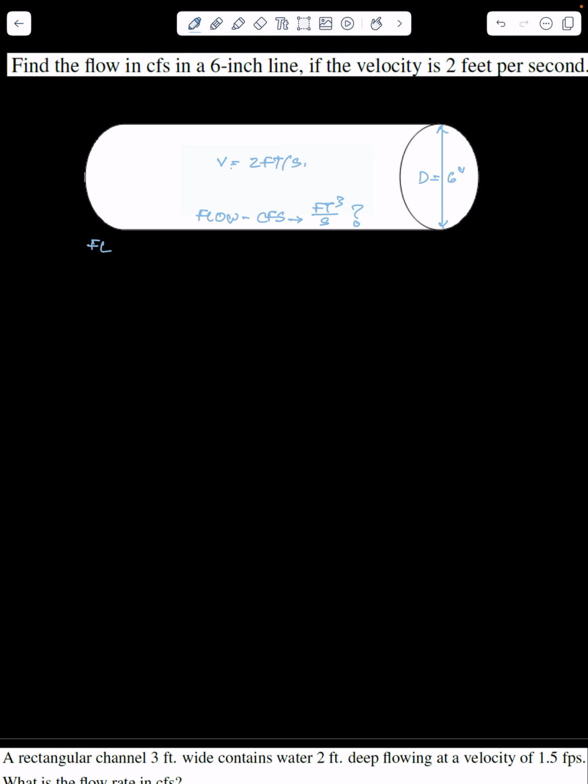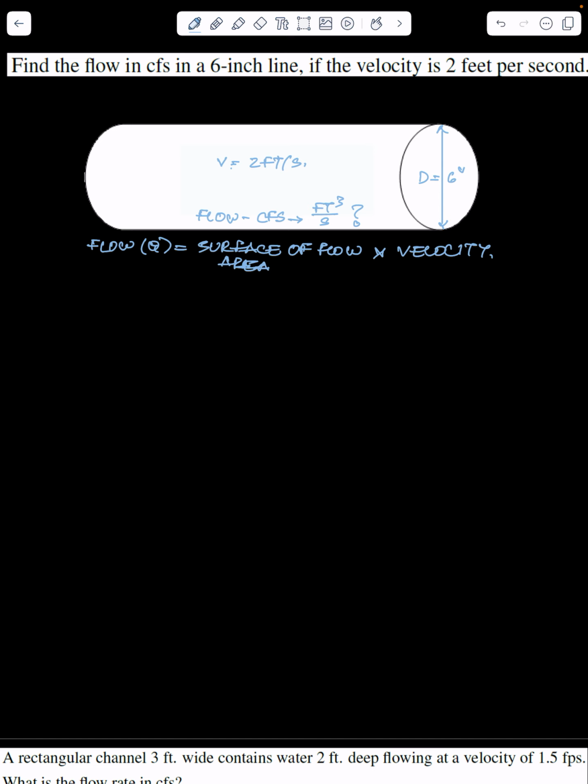So we know that flow Q is equal to the surface area of the flow multiplied by the velocity. So in this particular problem, it is assumed that the pipe is flowing full.